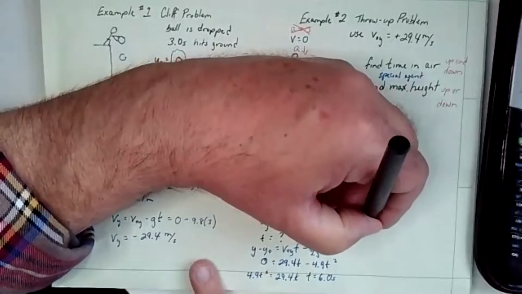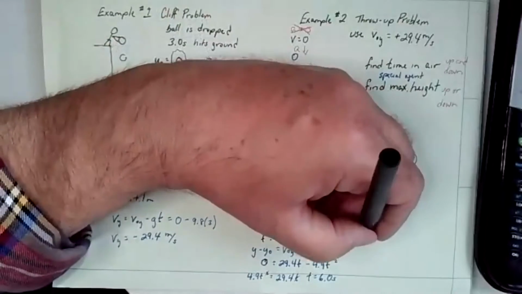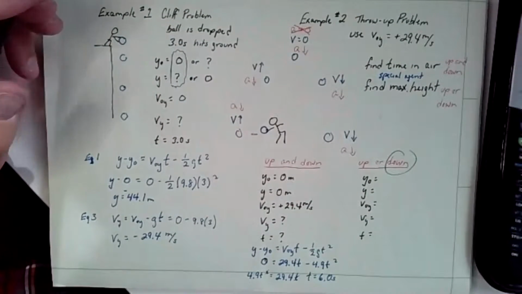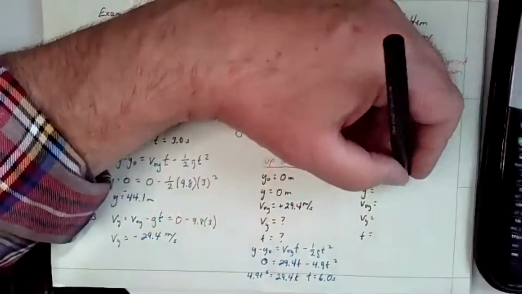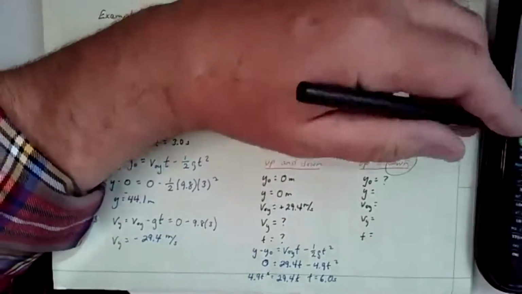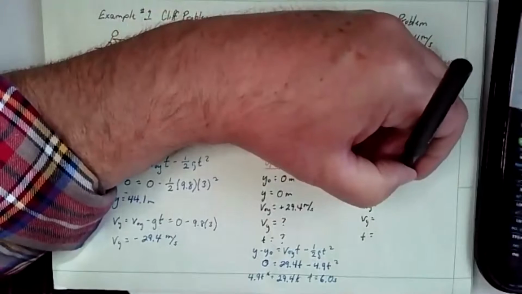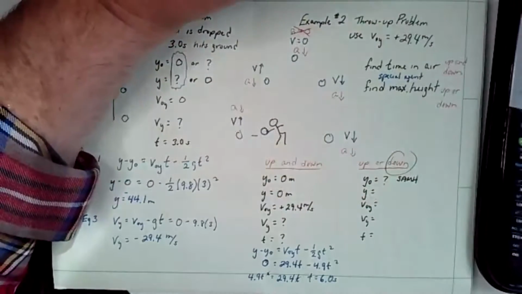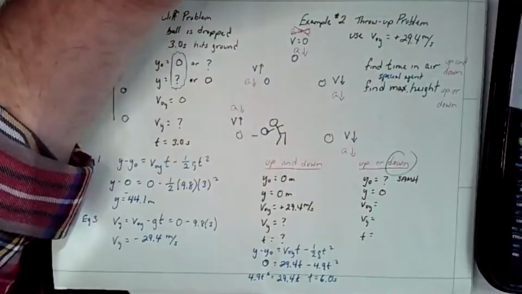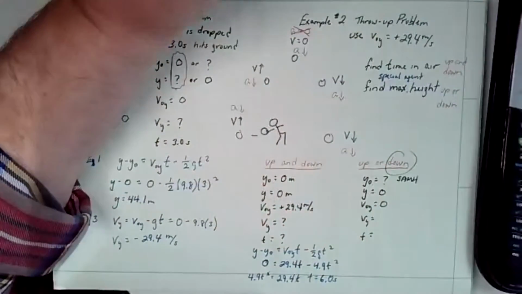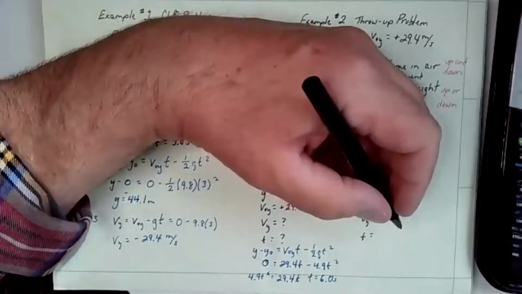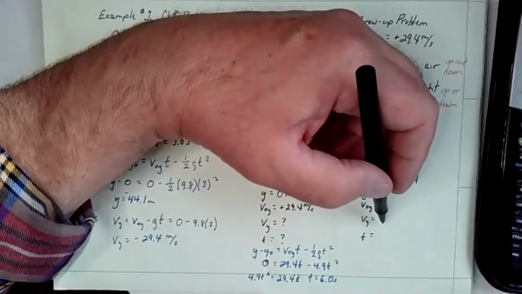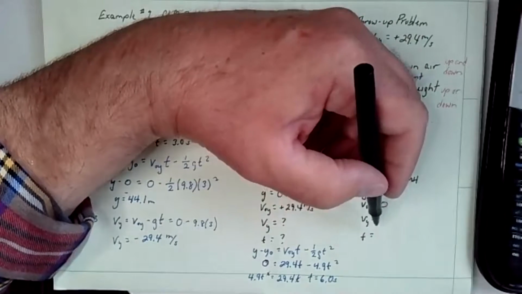Final velocity, time. Okay, so initial height, we don't really know what this is, but that is special agent max height. And then our final height is 0, and our initial velocity is 0. The final velocity, we don't really know that yet. We have probably a pretty good guess.